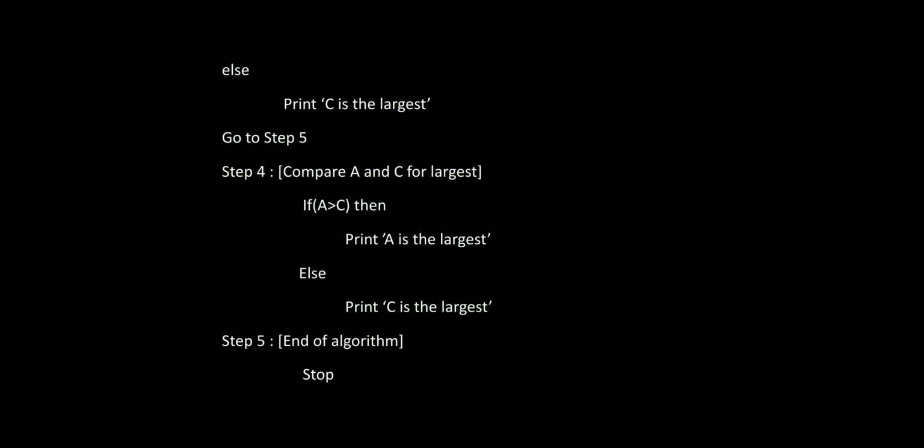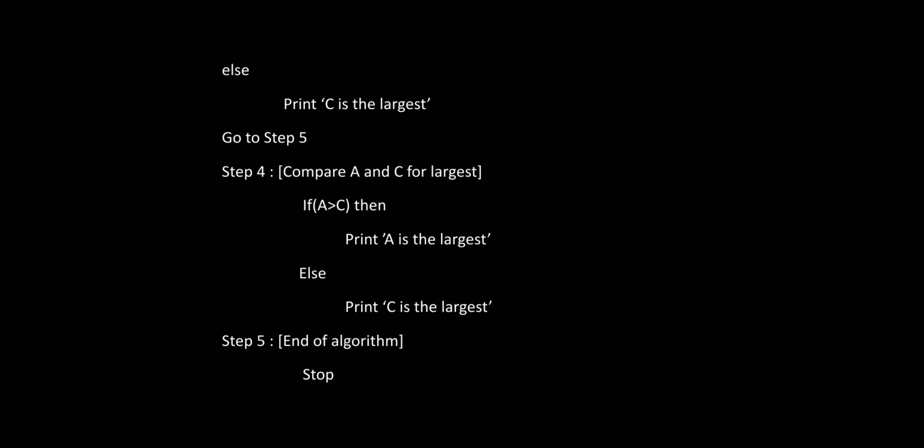Else, C is largest. In step 4, A and C are compared. If A is greater than C, print A is largest. Else, C is largest. At the end of the algorithm, we have to end the algorithm with a stop statement.